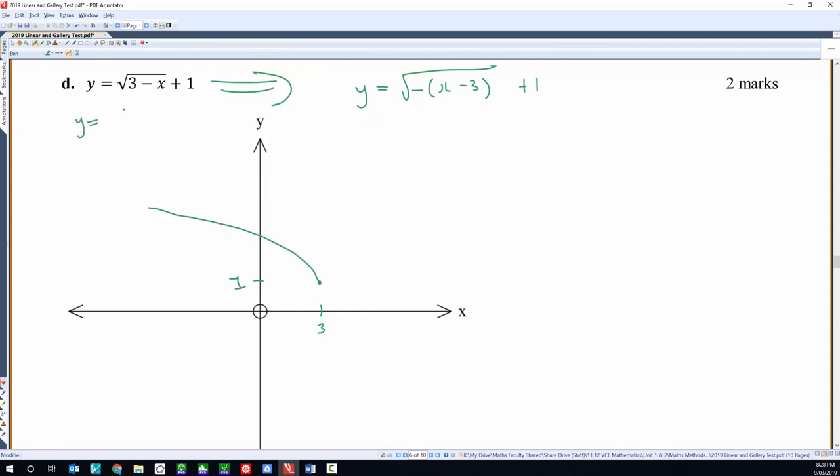So y equals the square root of 3 plus 1, and there is our y-intercept. So when x is 0, y is root 3 plus 1. And that was all you needed. Endpoints are required as well. So 3, 1 for the endpoint.